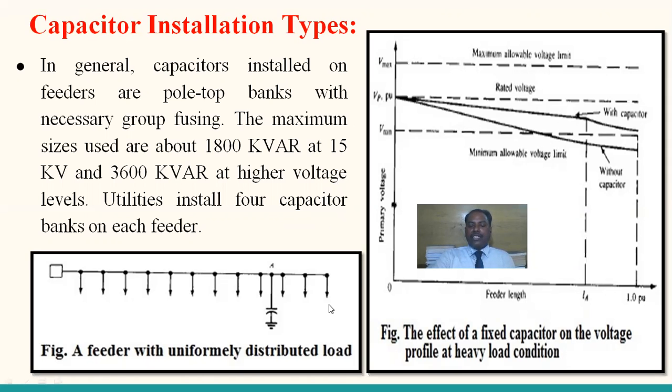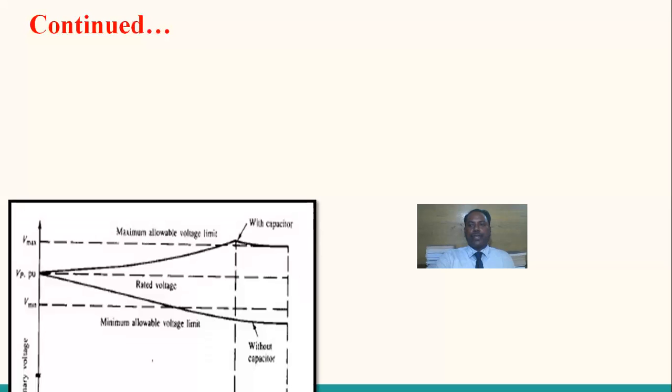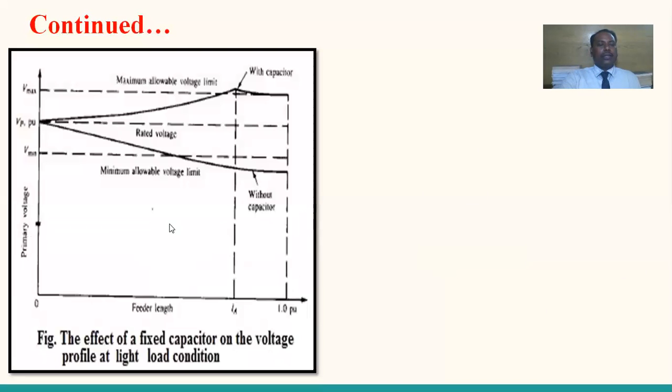Now let us consider the same fixed capacitor during light load condition. What can you observe? So let us see. During light load condition, the line carries a fixed capacitor. Without capacitor, this is the original voltage profile.